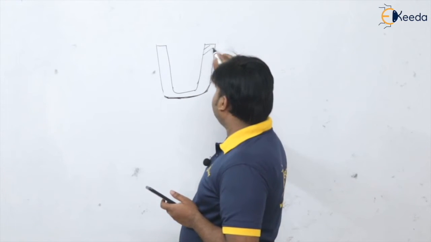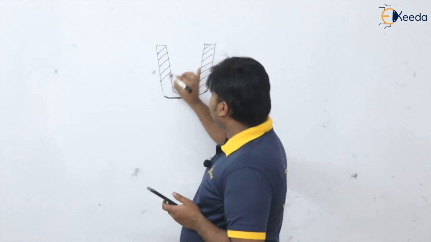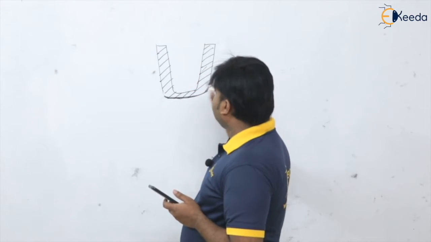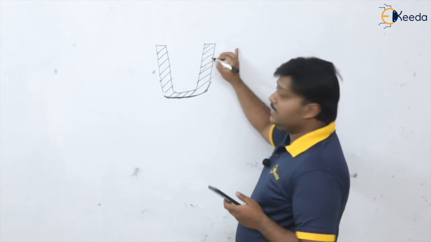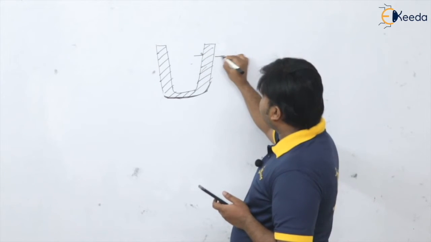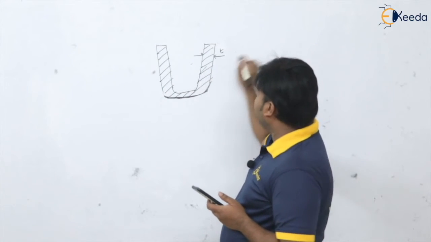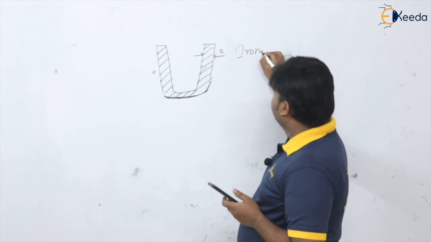To eliminate this, we provide a clearance slightly less than the thickness of the sheet. So if this is the thickness of the sheet, we provide a clearance lesser than that, which is known as the ironing effect.